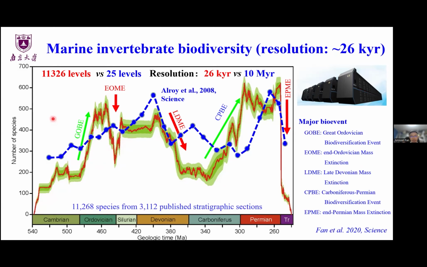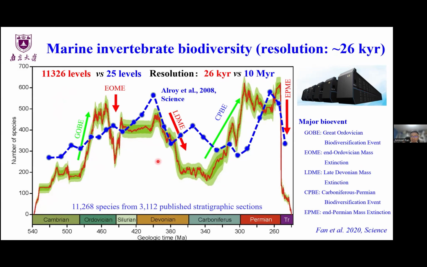And our biodiversity curve, the red one, contains about 11,000 data points. So you can see the resolution increased from 10 million years to only 26,000 years. That's about 400 times better than the previous study.